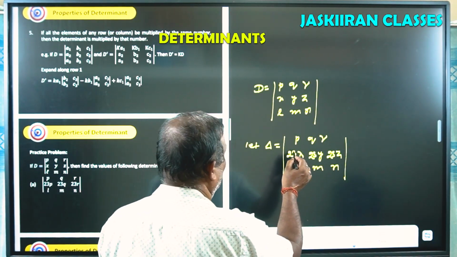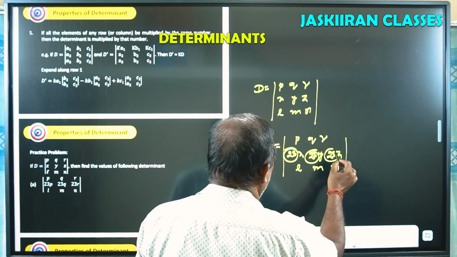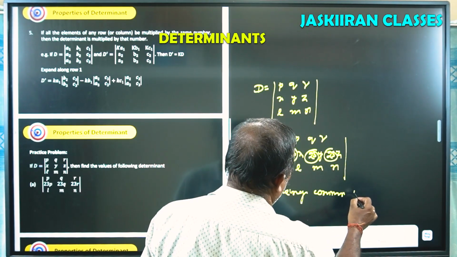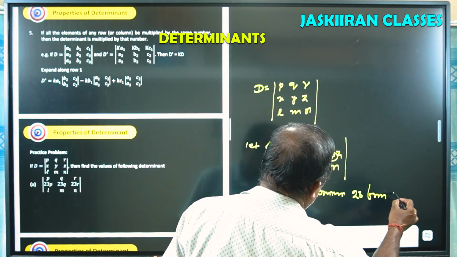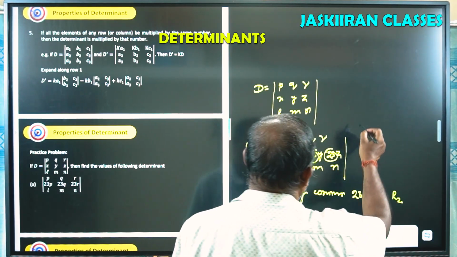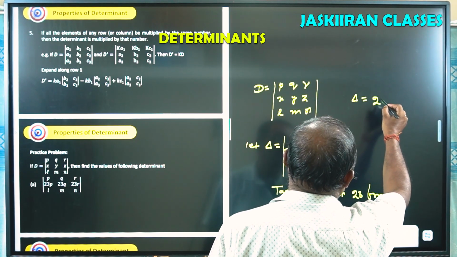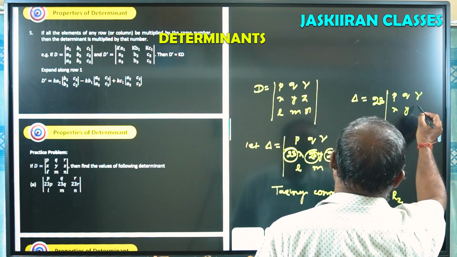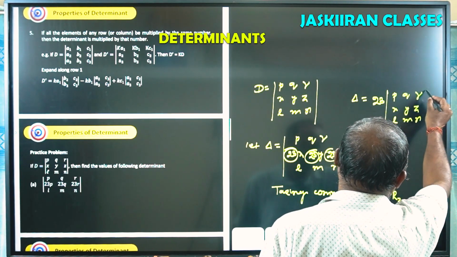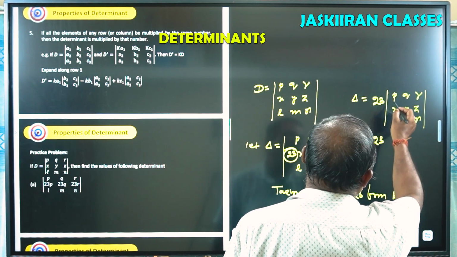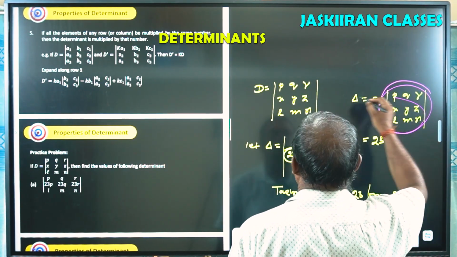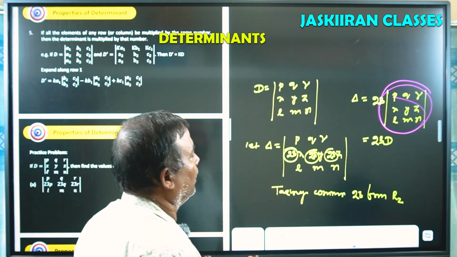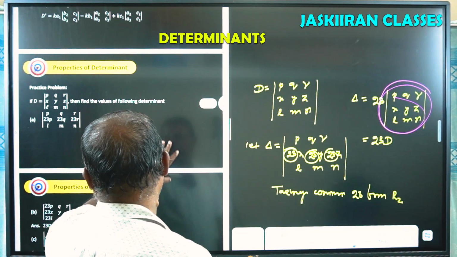So taking 23 out of the second row, we get del equal to 23 into P Q R, X Y Z, L M N. That is 23 into D, which is the value of the determinant.